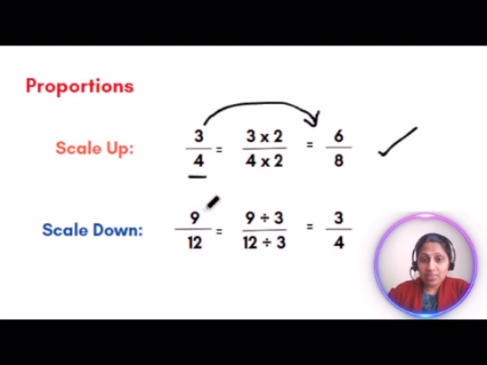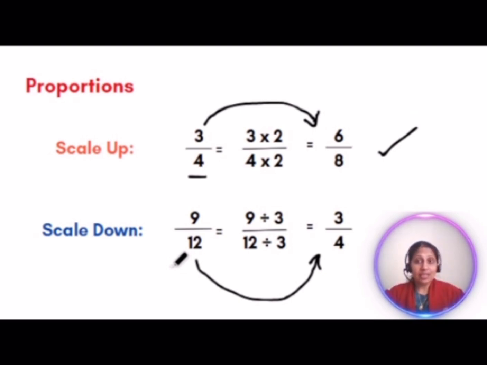Say for this example, 9/12, when you divide by 3 on the numerator and the denominator, you get 3:4. So 9:12 is a proportional for 3:4 and 3:4 is a proportional for 9:12. So we get the proportion just by scaling up or scaling down.